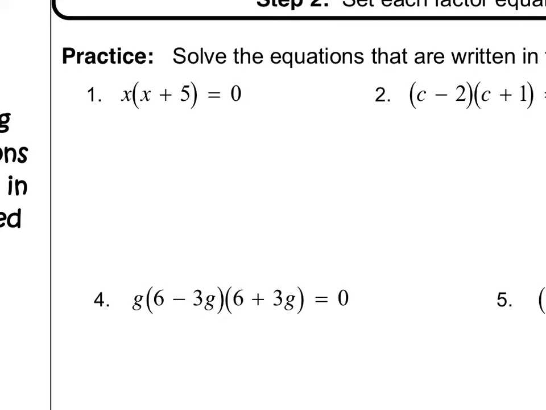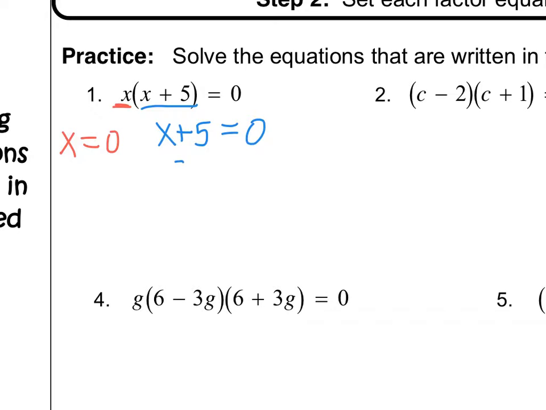My first factor is just plain old x, and I'm going to set it equal to 0. Now I'm going to take my second factor, x plus 5, and set it equal to 0. And then I'm going to solve each equation for x, and that's going to give me my two solutions to this polynomial.